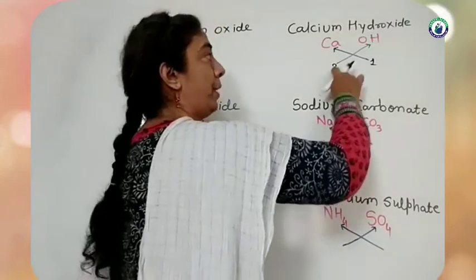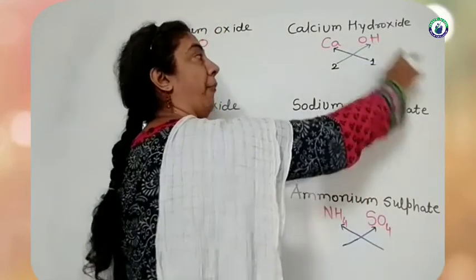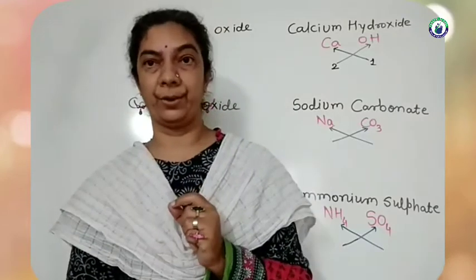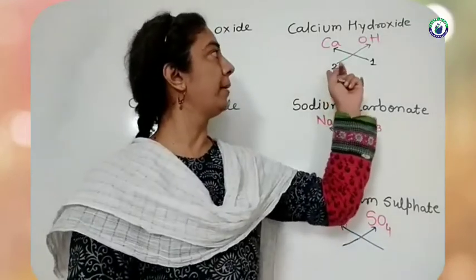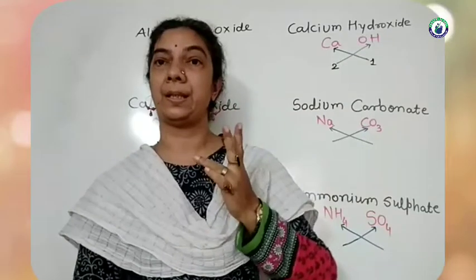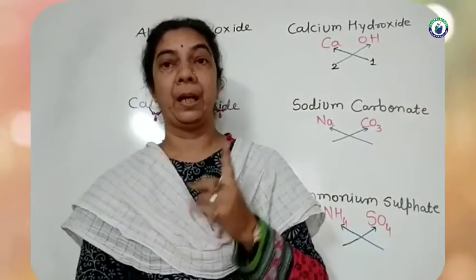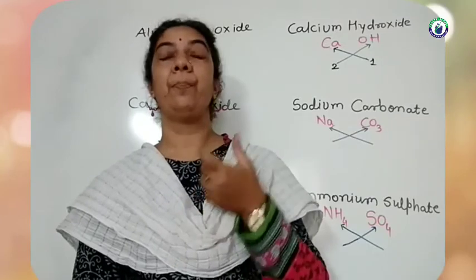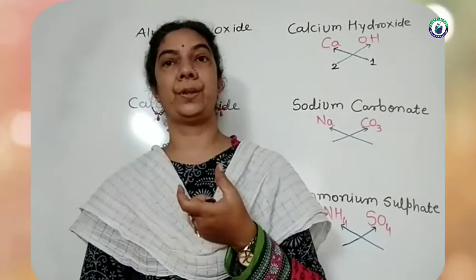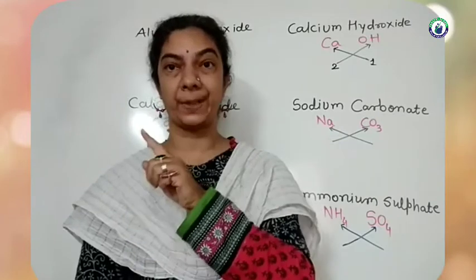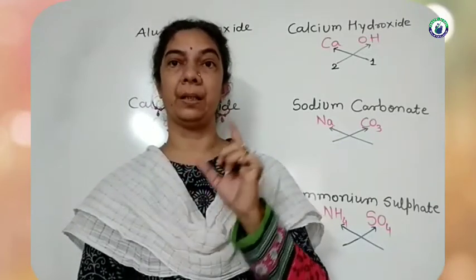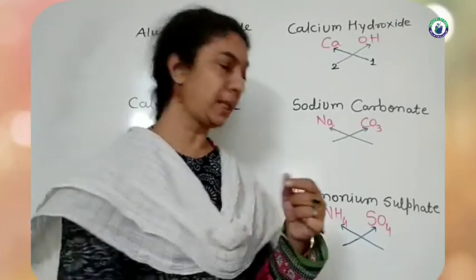Now this 2 will be given to this. Whenever we have polyatomic ions and we have to write something in the subscript, remember one more rule: the polyatomic ion will be written in brackets.